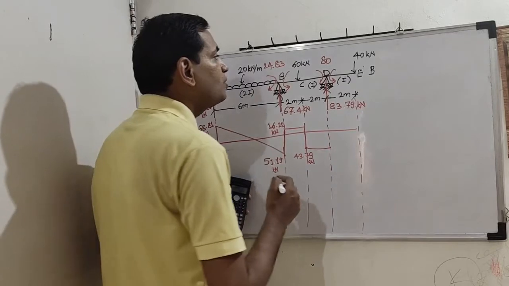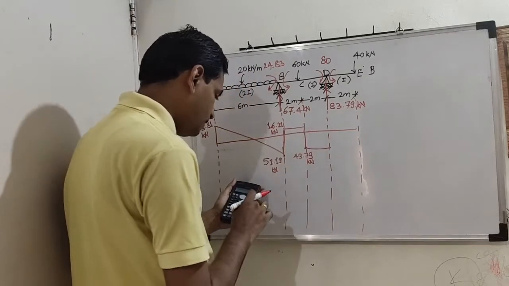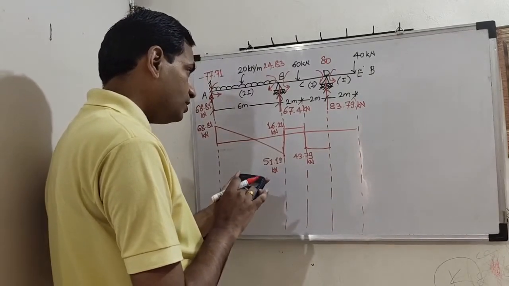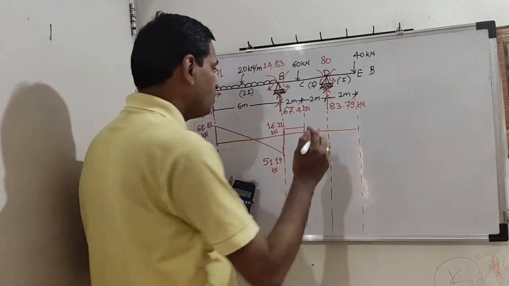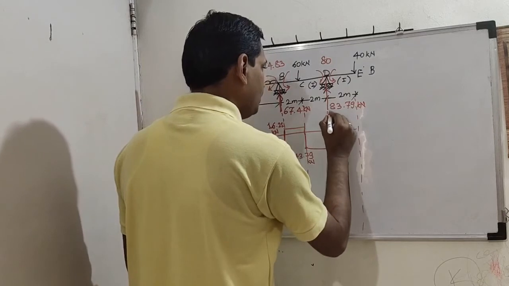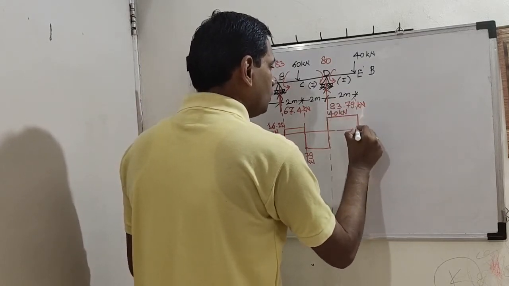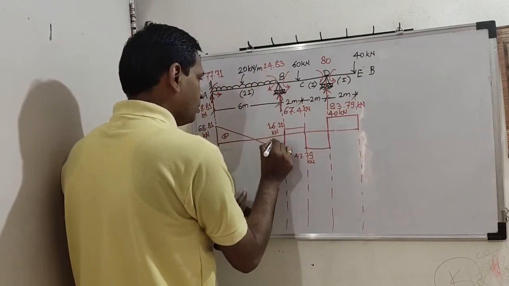It will be 36 point, not 80, it is 83.79. So minus 43.79 plus 83.79, we are going to get plus 40. So here is 40 over. Our shear force diagram is over.